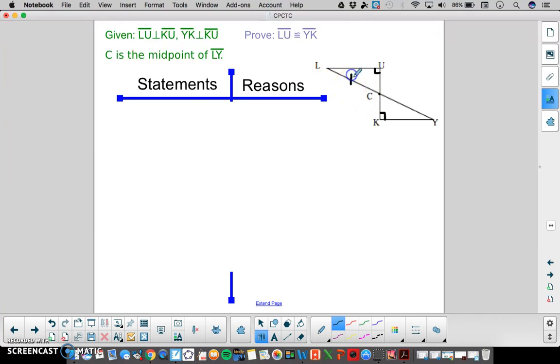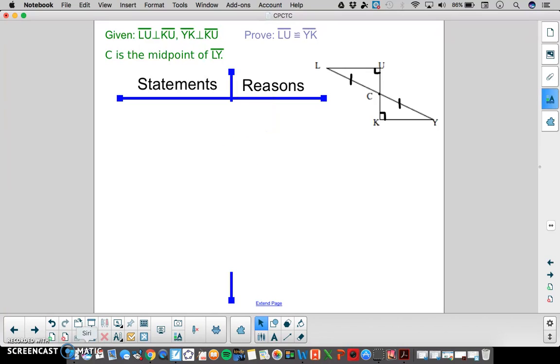That's going to make these two pieces congruent to one another. We want to be able to prove that LU is congruent to KY. In order to do that, we have to show that the triangles are congruent. We have to show that the entire figure is congruent before we can show the parts are congruent.